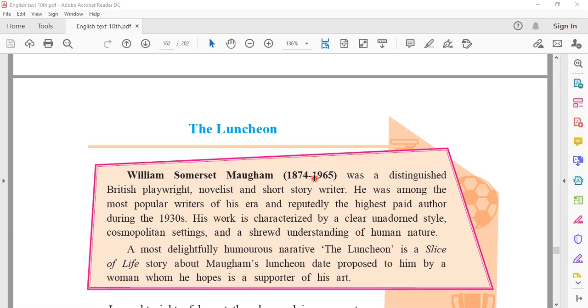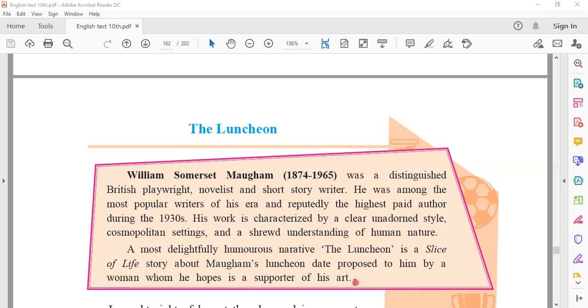A most delightfully humorous narrative, The Luncheon is a slice of life story about Maugham's lunch date proposed to him by a woman whom he hopes is a supporter of his art.